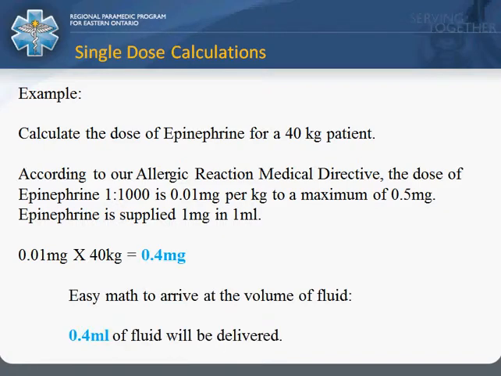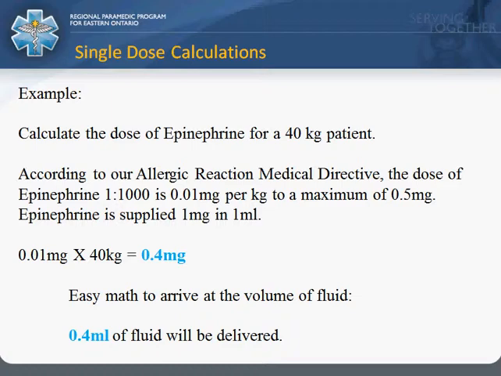Now what's the fluid volume? It's easy math to get to the fluid volume because we know it's 1 milligram in 1 mil. So we're going to deliver 0.4 milliliters of fluid, which will be 1 to 1000 epi, and we'll get our desired dose. That's it. That's all you need to do.